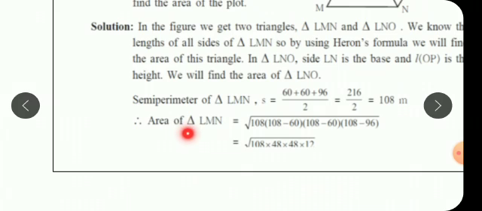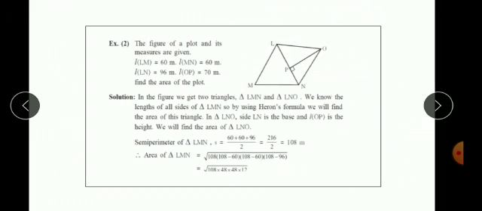Therefore, area of triangle LMN is equal to under root S into S minus A into S minus B into S minus C. S is 108. Now 108 minus 60 into 108 minus again 60, because the second side is also 60, then the third side, 108 minus 96. After subtracting, you will get under root 108 into 48 into 48 into 12. So in this way, the first part of the second example is over.